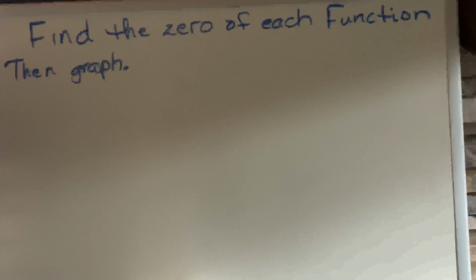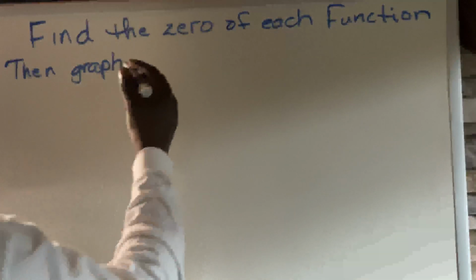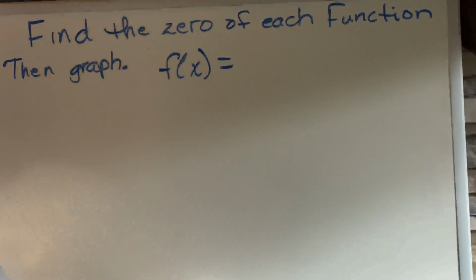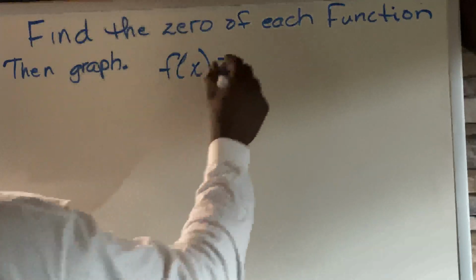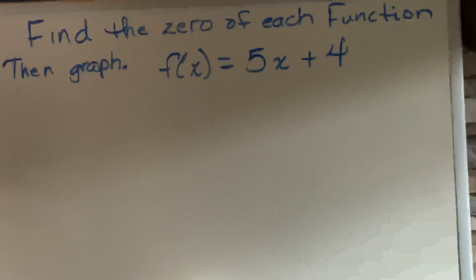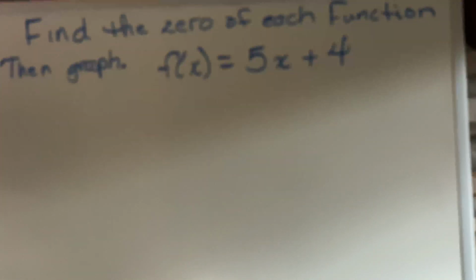So the next example says find the zero of each function, then graph. Say if we had the function f of x equals 5x plus 4. The way that we find a zero of a function is, first of all, we replace f of x with 0, setting the entire function equal to 0.